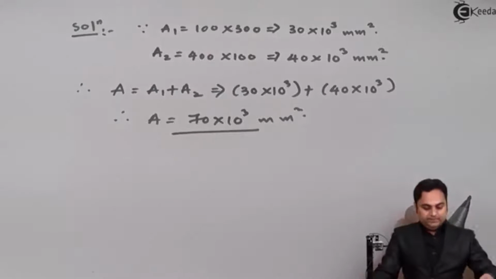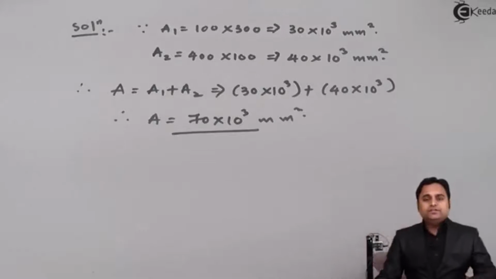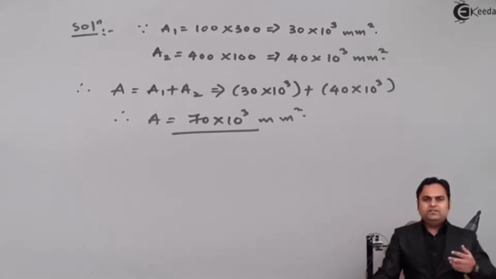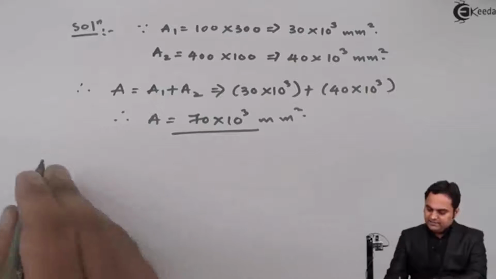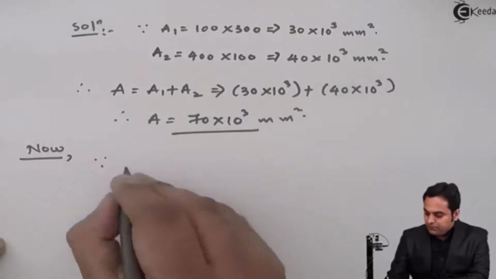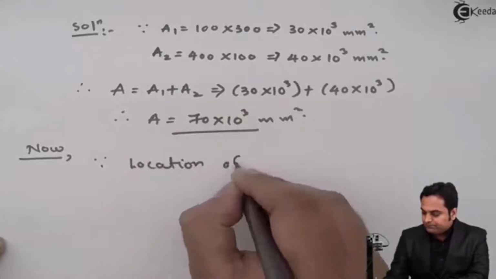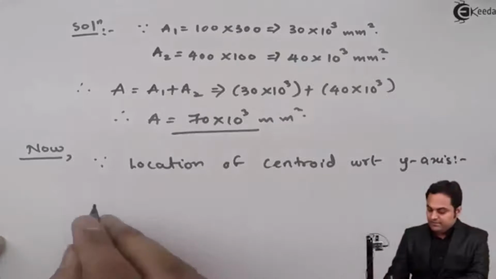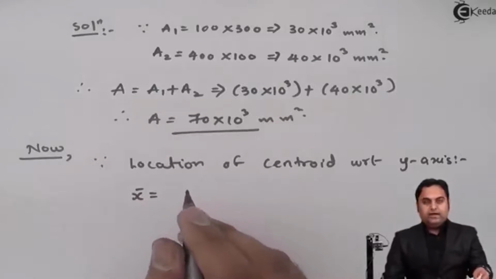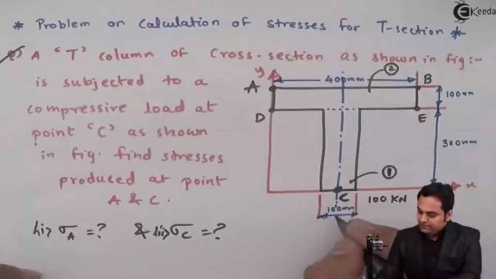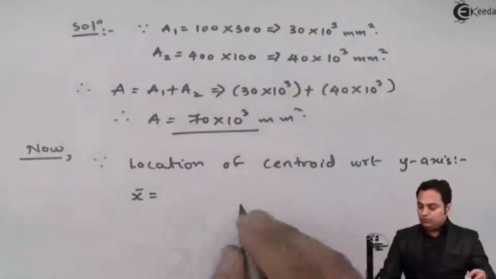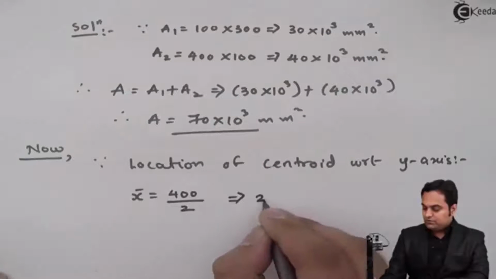After getting the total area, the next thing would be to locate the centroid. If they give a T section, I section or any other C section, then in that case we need to know the location of centroid. The location of centroid with respect to y-axis is given by x bar, which indicates the location of the y-axis, and that is 400 by 2, which is 200 mm.